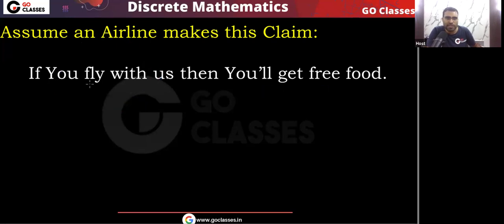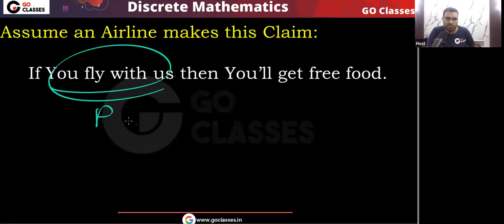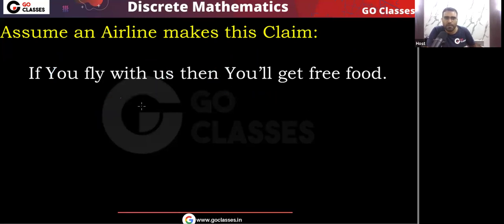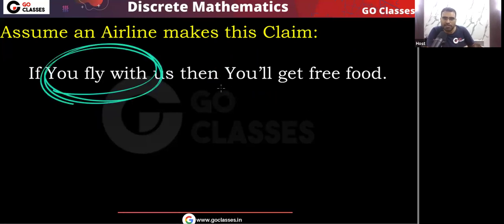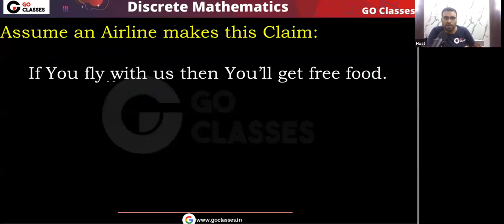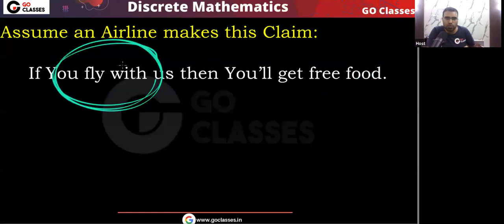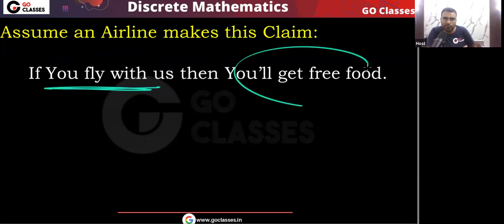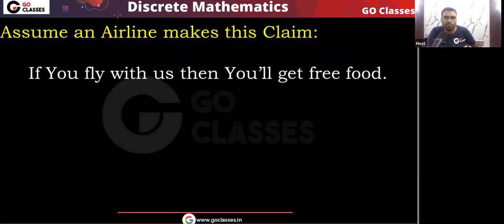So I'm saying that if P is false, then Q can be true or false. But remember, if P is true, then Q must be true. Do you agree with me? According to this claim, if you fly with SpiceJet, then definitely Q must be true.